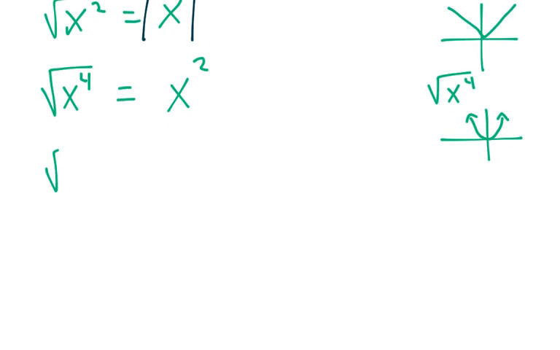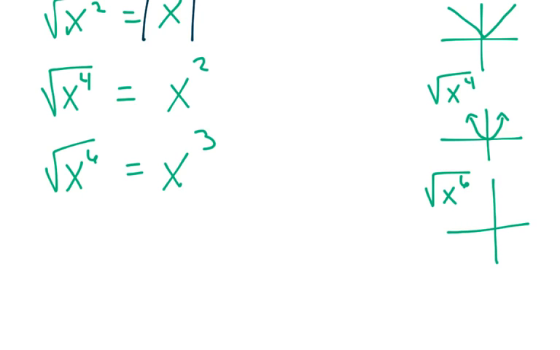If you take the square root of x to the 6th, you get x cubed. This should give us a cubic curve. But when you graph the square root of x to the 6th, you actually get something that looks like a parabola. So let's think about that.